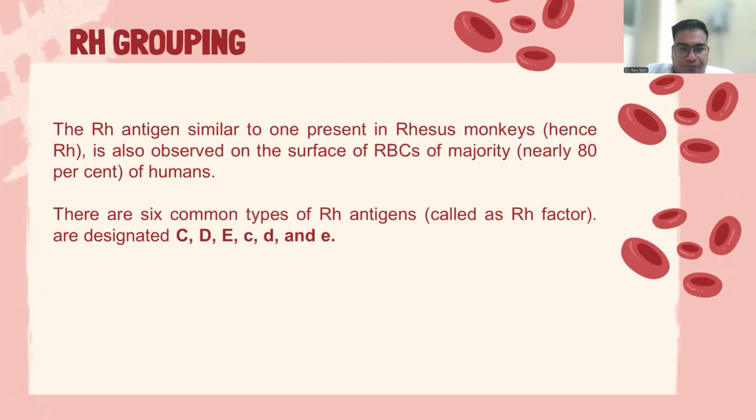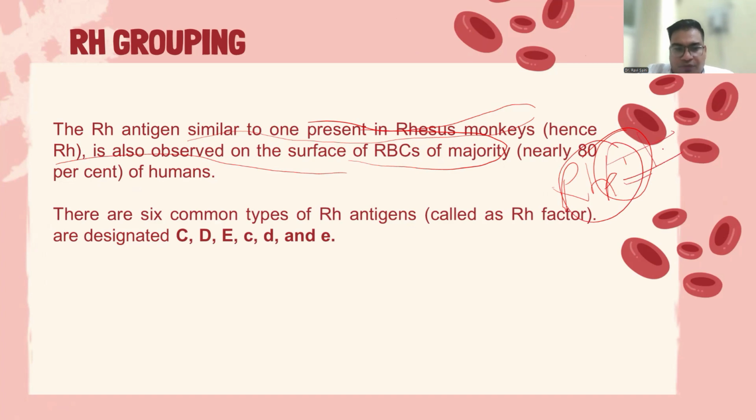RH grouping. The RH antigen, similar to one present in rhesus monkey, was first observed in RBCs of the majority. Almost 80% of people contain RH antigen, so they are under the category of RH positive.